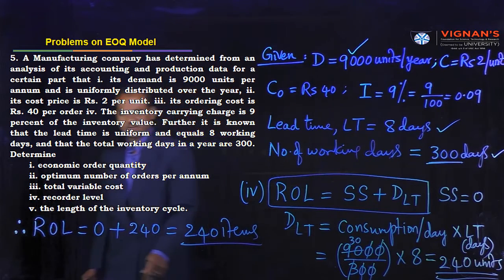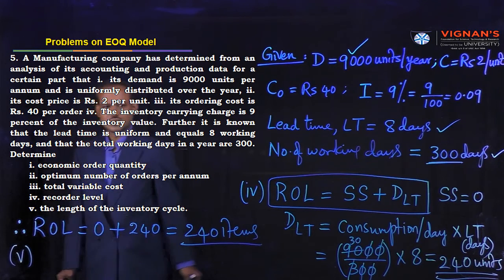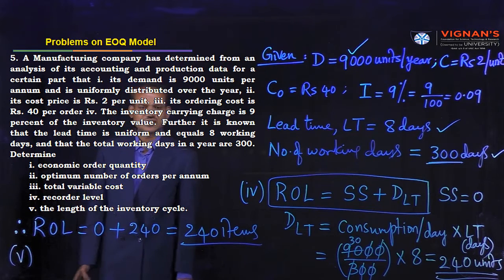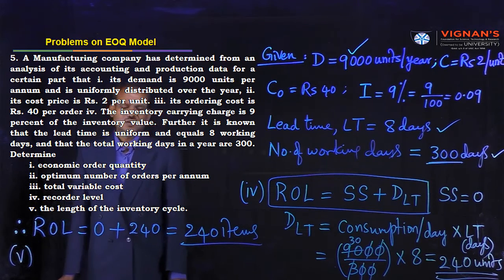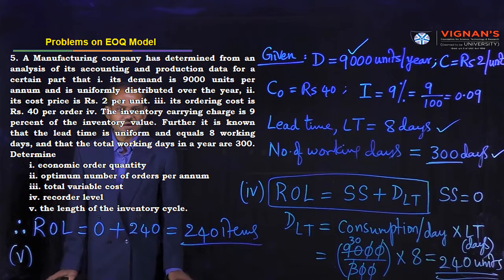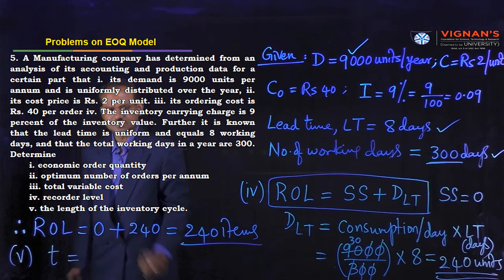And the last bit, the fifth bit: length of the inventory cycle. What do you mean by length of inventory cycle? It means the time between the orders, represented by the symbol small t.